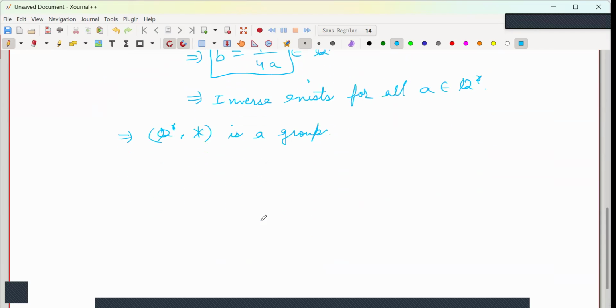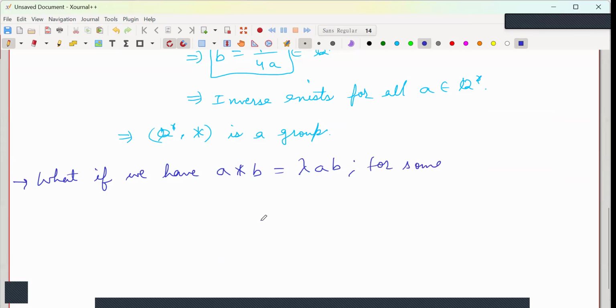Now, let me ask a very relevant question. What if we have A star B to be lambda times AB for some lambda belongs to Q star?